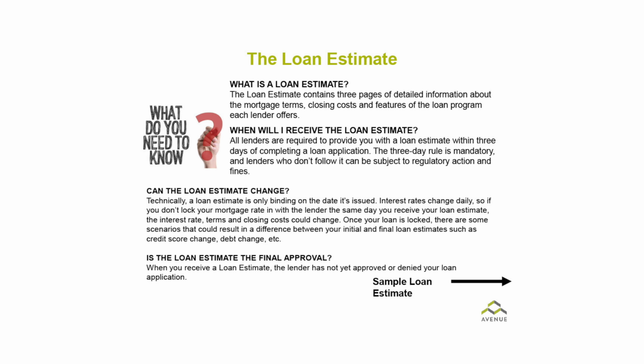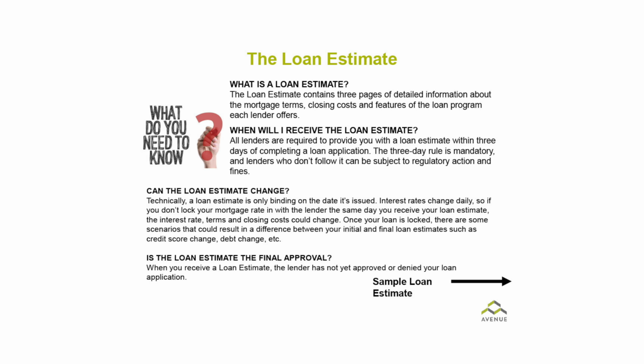Meaning, don't buy a car, don't buy furniture for the new house, don't go shopping, because it can change not only the interest rate and the terms, it could, based upon those initial ratios that we talked about, keep you from qualifying for a final loan, because this is just what it says. It's an estimate. When you receive a loan estimate, the lender's not yet approved or denied the application.